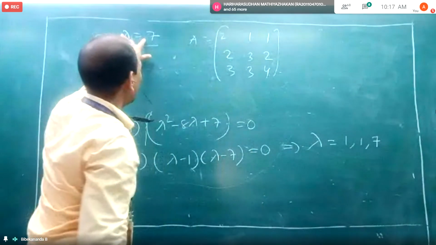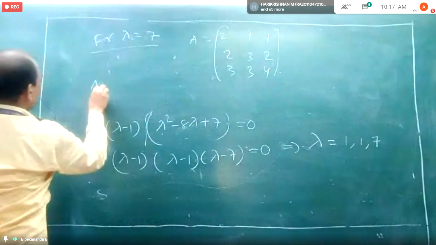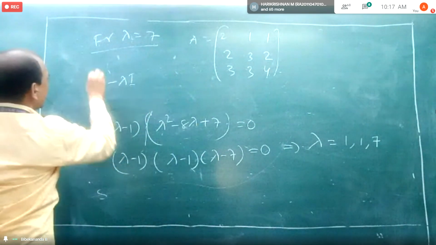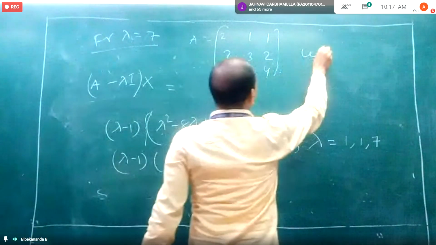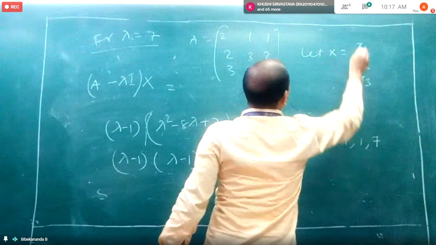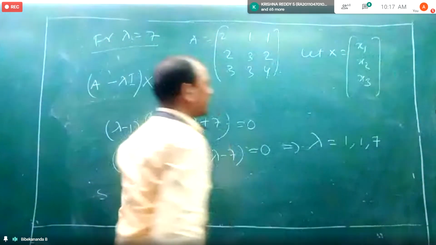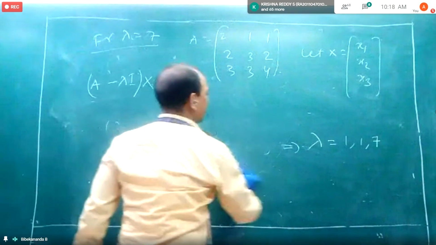Now for lambda equal to 7, I have to subtract lambda from each main diagonal element. So (A minus lambda I) X equals 0, where we take X equal to X1, X2 and X3. So what will happen here?